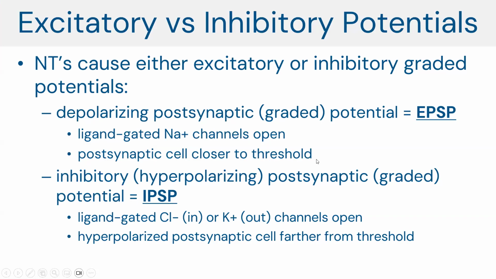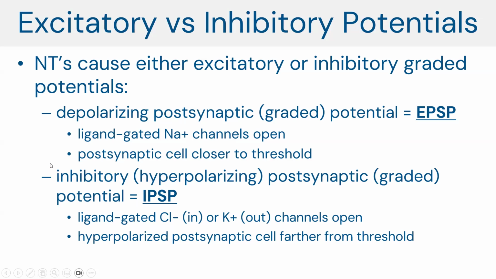In this case, we're talking about a graded potential, to be specific. We call that an EPSP. So for EPSP, just remember that E is for excitatory. This is going to cause sodium channels to open, and that means our postsynaptic cell is going to get closer to that threshold. It's improving the chance of depolarization.